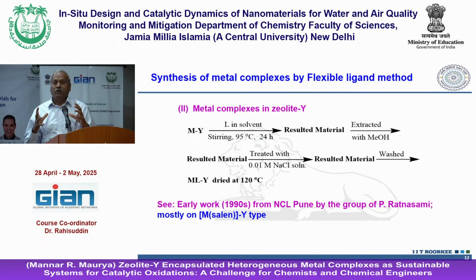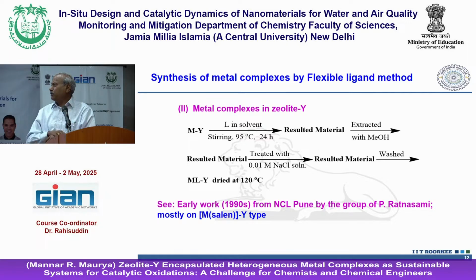So take an excess amount of ligand, melt it, and add your zeolite, where you have a metal-exchanged zeolite available. The ligand used to enter into the cavity because it is flexible in nature, react slowly, then separate it, wash it by stirring in an excess of solvent, and remove all the excess ligand.